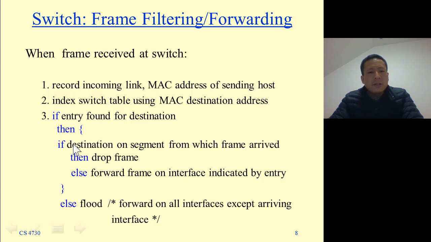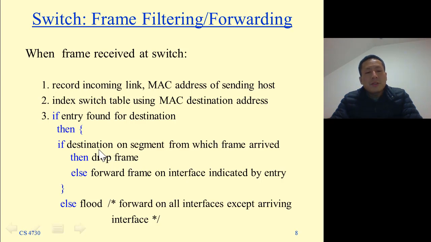What you do is look at the destination on the segment from which the frame arrived. If the destination is the same port or segment from which the packet came, then it means you do not need to forward it to yourself, right? You are supposed to send it out to someone else. So in this case, you just drop the frame.